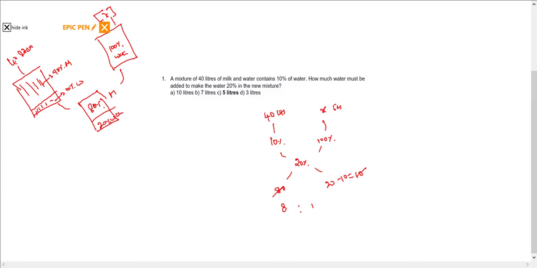So this is 8 parts. These 8 parts represent 40 liters of the milk and water solution. So 1 part is equal to 5 liters, and here we are adding 1 part of water, that is nothing but 5 liters. This is our answer.